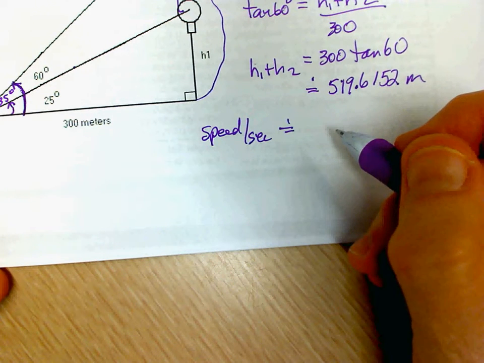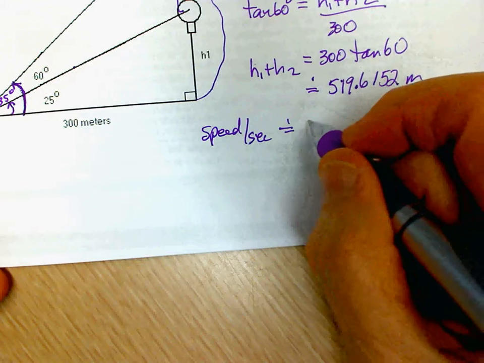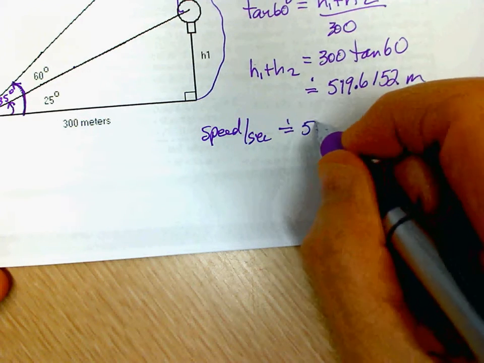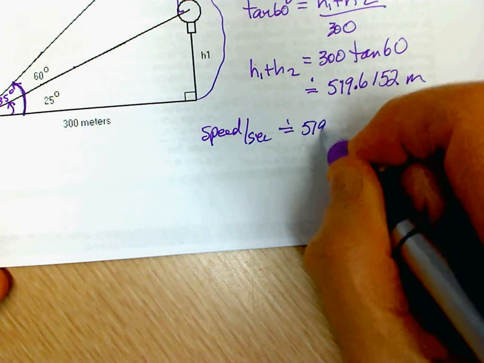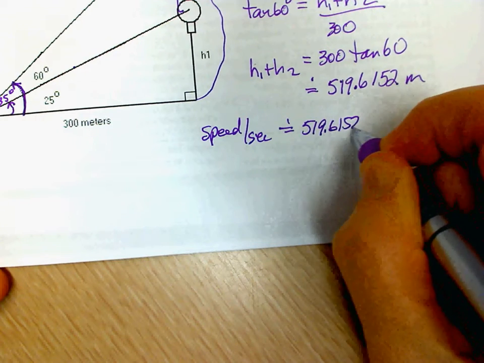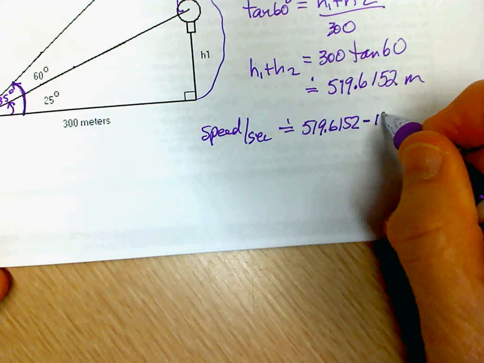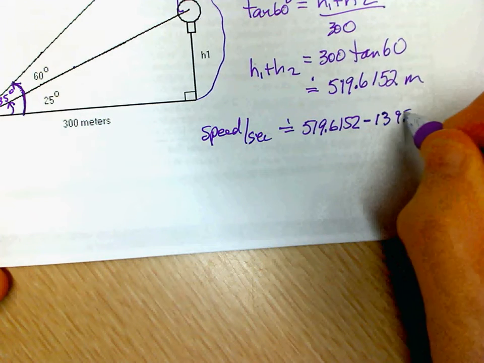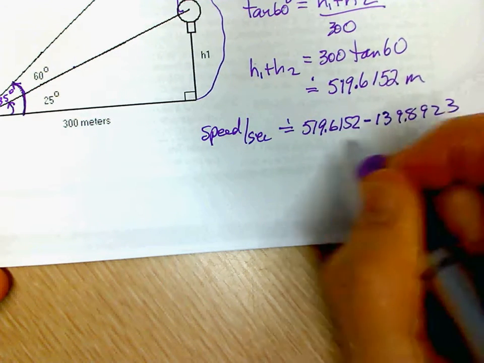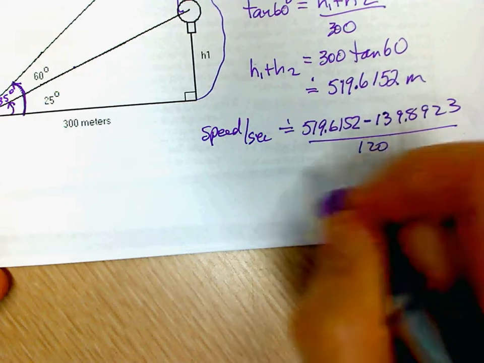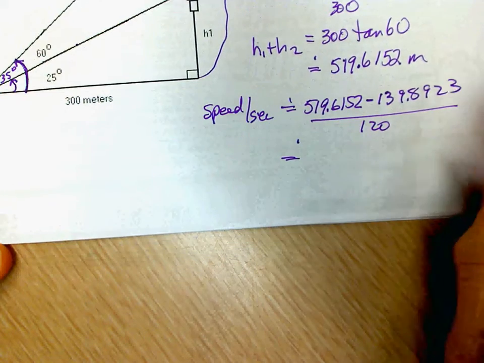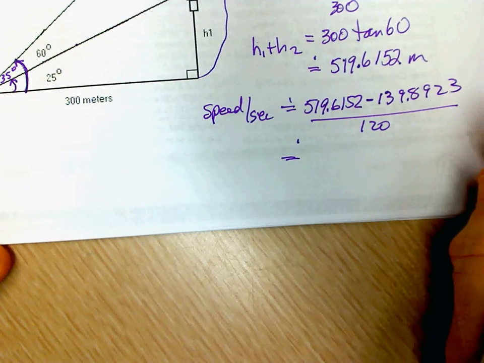So H2 is going to be 519.6152 minus H1, 139.8923, all over 120. And this is approximately. Give answers in meters per second and round to 2 decimal places.